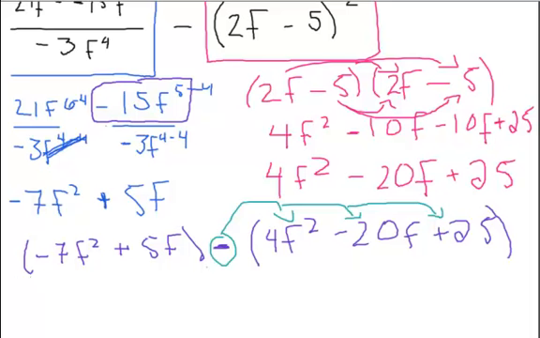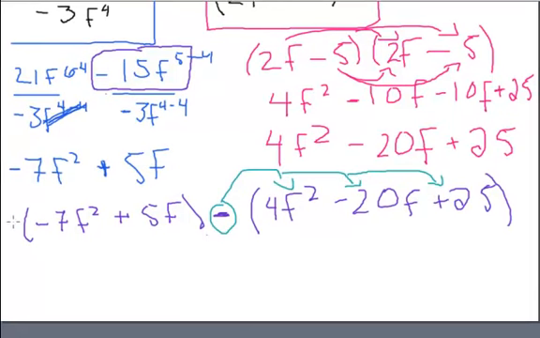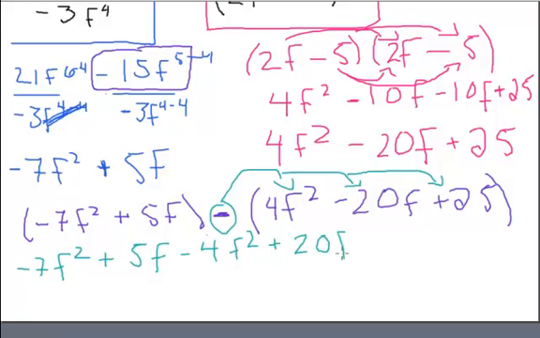So again, here I could just drop my brackets because there's no negative, so there's no distribution I have to worry about. So I'm going to go negative 7f^2 plus 5f. Here I have a negative to worry about, so I'm going to distribute that negative into every term. A negative and a positive gives me negative 4f^2. A negative and a negative gives me a positive 20f. And then a negative and a positive, negative 25.